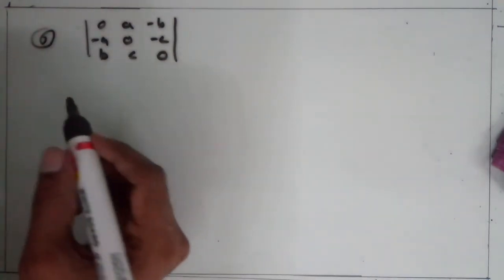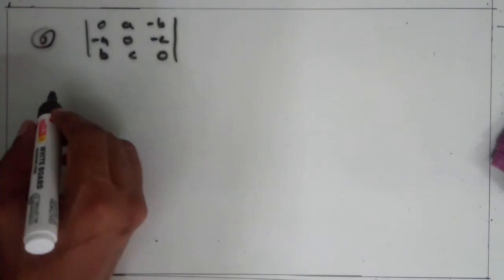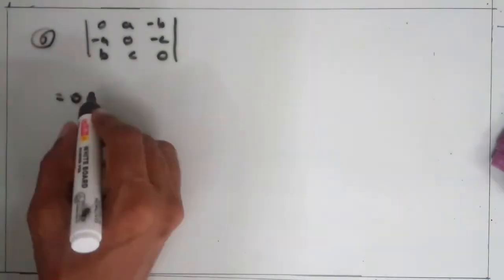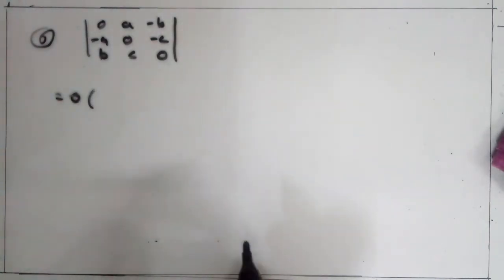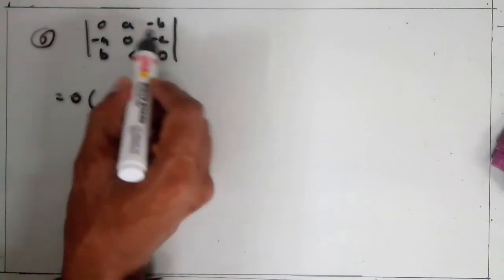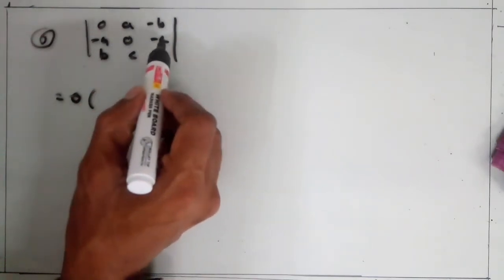Here we know how to expand this determinant to get its value. The value is first entry into, we remove this row and column and get the determinant. Its value is the product of these two minus the product of these two.